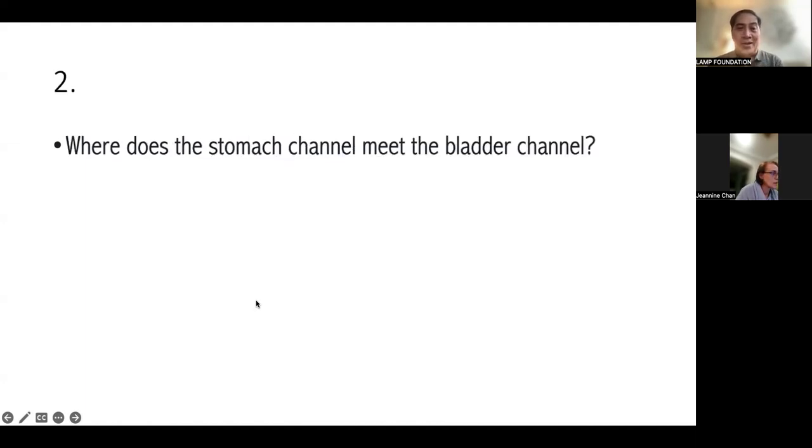Where does the stomach channel meet the bladder channel? Stomach 5 and stomach 6. What part of the bladder 40? Bladder 1. Doc, hindi ko talaga naiintindihan pa to eh. I got this lang from all the pictures. Bakit umabot tayo sa bladder mo?